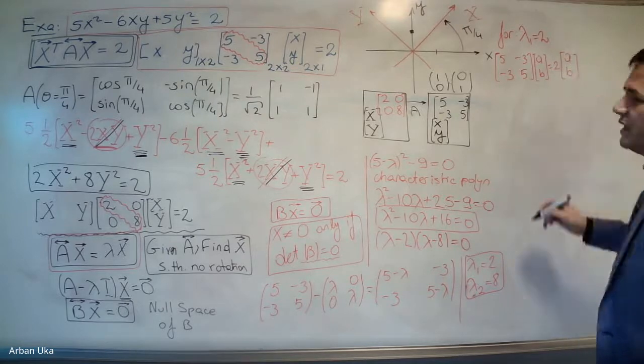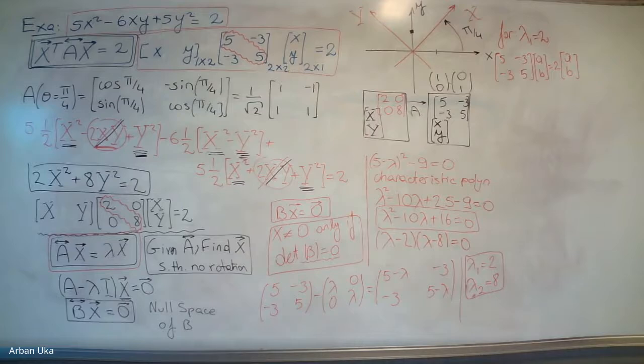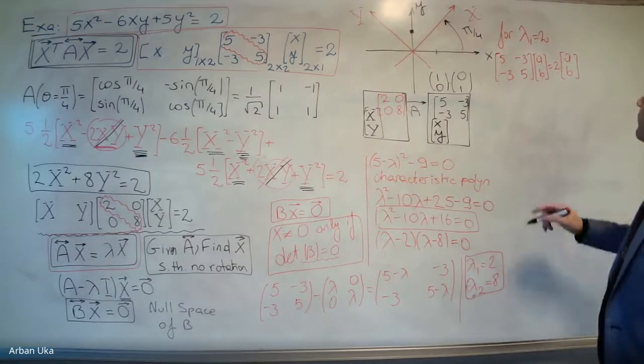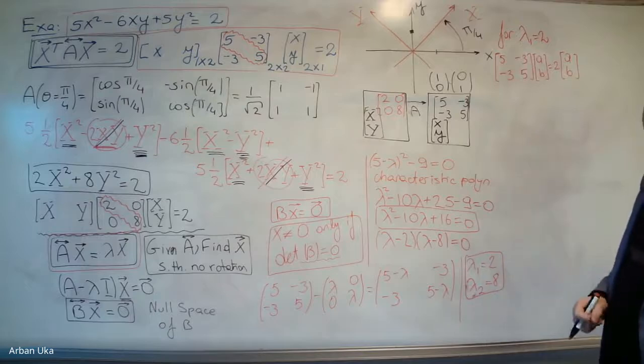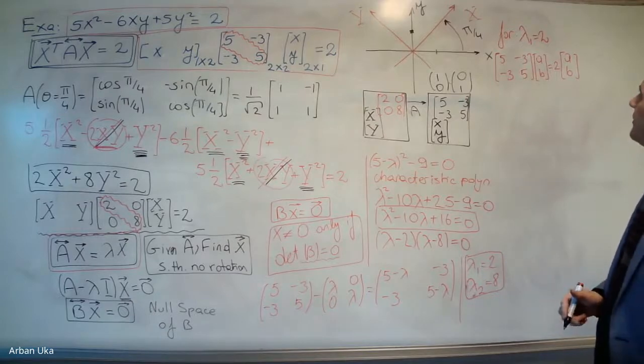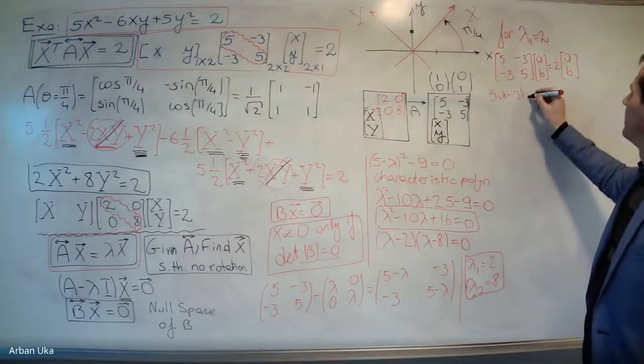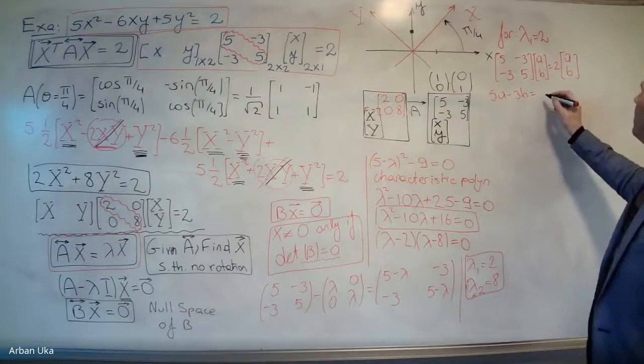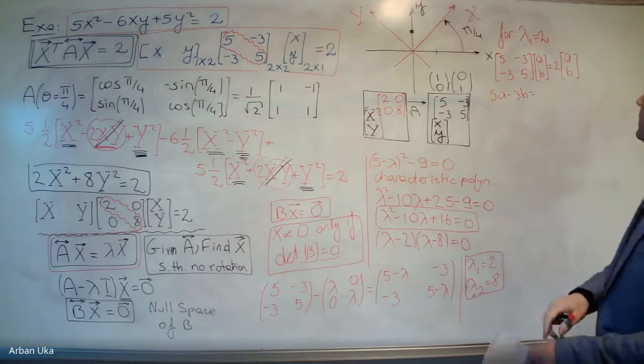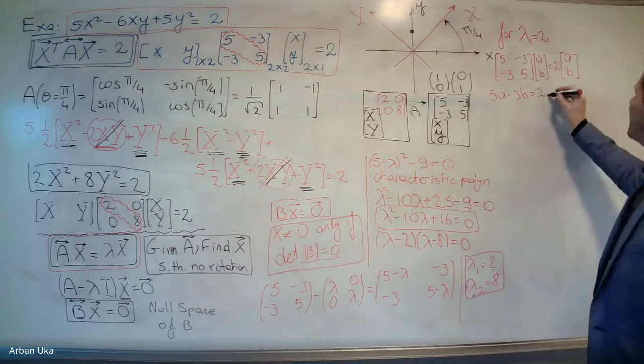How can we find the a and b here? What is the first equation that we get from here? 5a minus 3b. Yes. Minus 3a plus 5b. No, wait. Equals 2a. Yeah, okay.